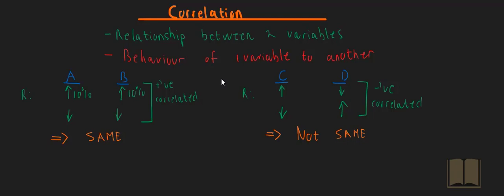If the asset decreases, say by 10%, the other asset also decreases by 10%. This is known as perfect correlation, and the correlation coefficient, the number that you attach to these two variables to describe how they move together, would be a positive 1.